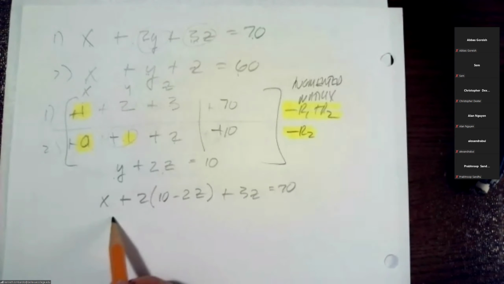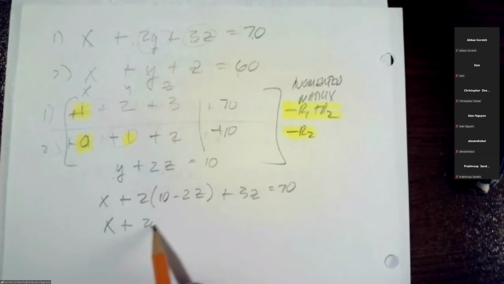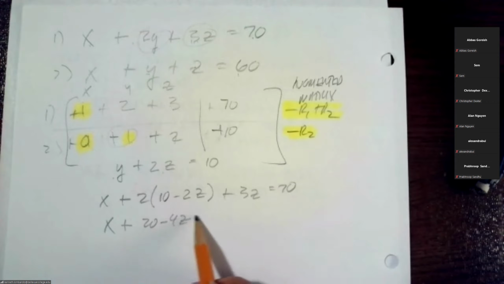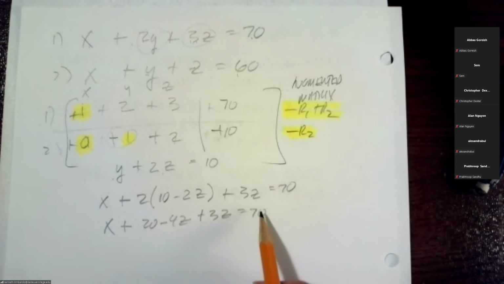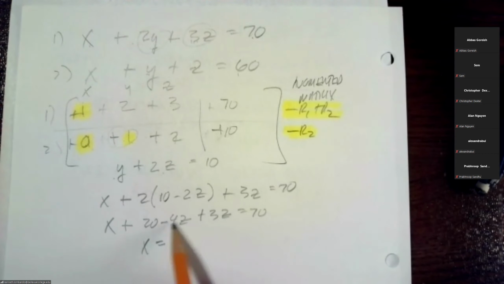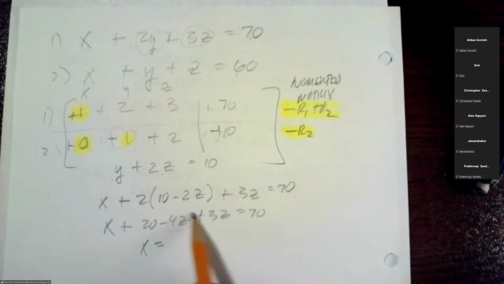And then we can solve X plus 20 minus 4Z plus 3Z equals 70.